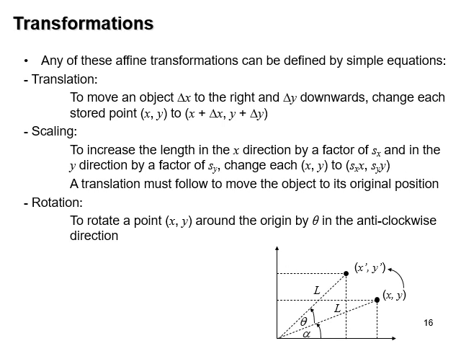If we assume that x prime and y prime are the new locations of the point after rotation, then we want to find the value of x prime and the value of y prime, as a function of x and y, the original location of the point, and the angle of rotation, theta. So how can we relate x prime and y prime to x, y and theta?